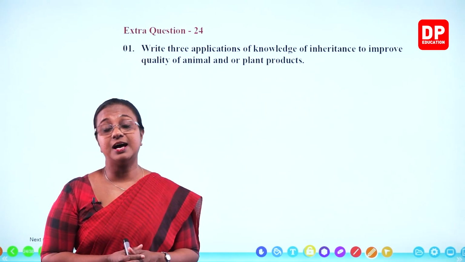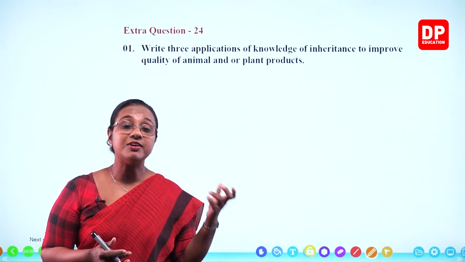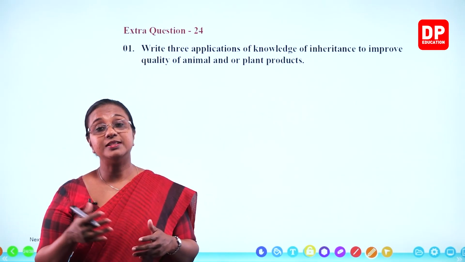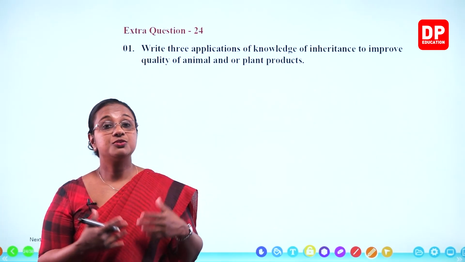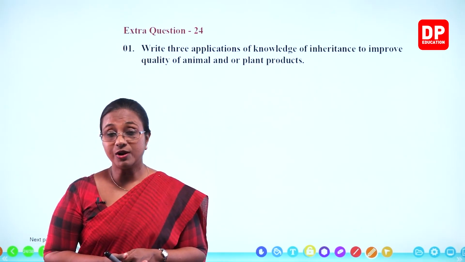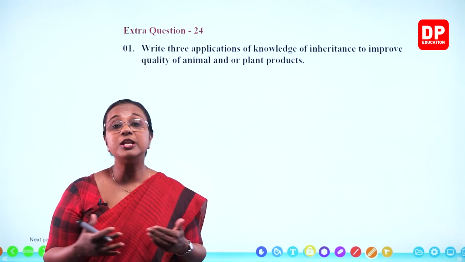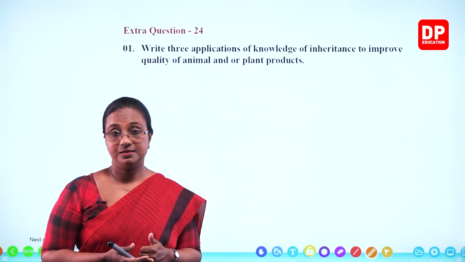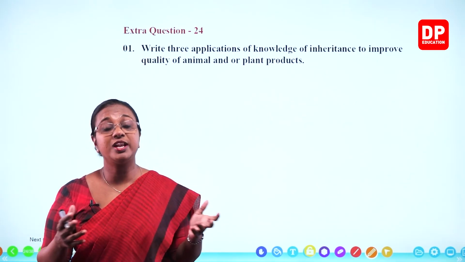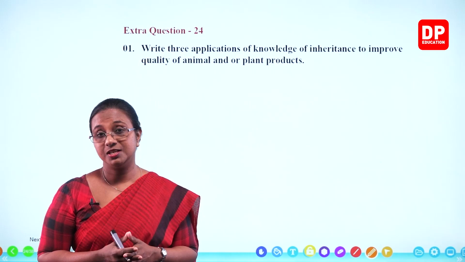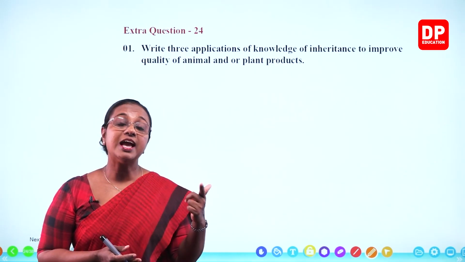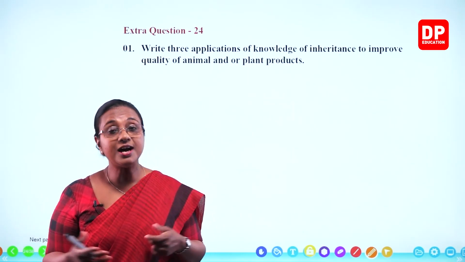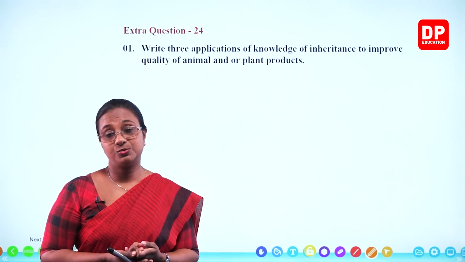So, can you think of examples? Now, we can have a cow that can produce more milk so that we can satisfy the need of the growing population. For that, we can use the knowledge of inheritance. Genetically modified cows who produce more milk. You are familiar with gene technology or recombinant DNA technology. Then we can have hens that lay more eggs, and even larger eggs with more nutritious value.